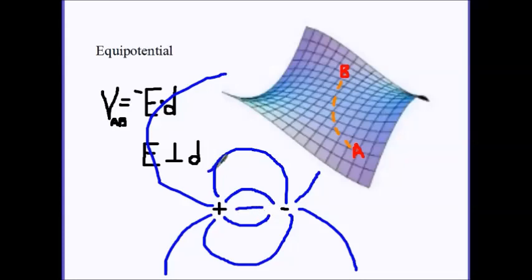We need to put arrows on that field. This would be the electric field for those two charges. What then would the equipotentials look like? Suppose I have an equipotential that passes through that point.